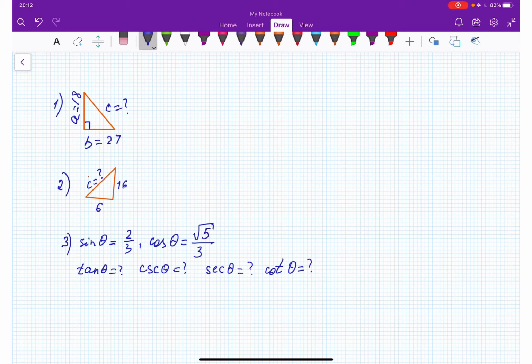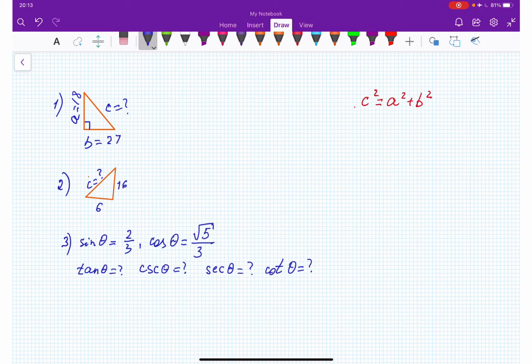Okay, the formula for hypotenuse C for the right triangle is C squared is equal to A squared plus B squared, or hypotenuse squared is equal to the sum of the leg squares. So what do we have?